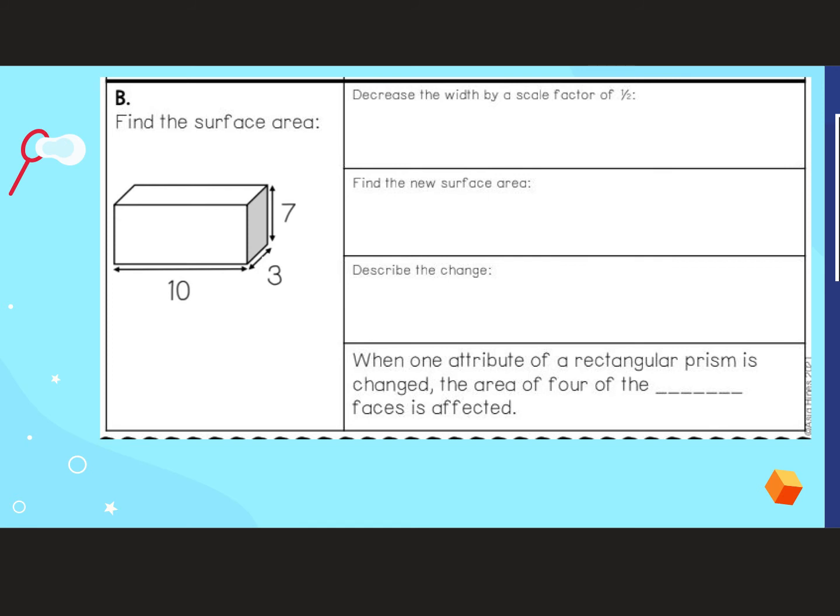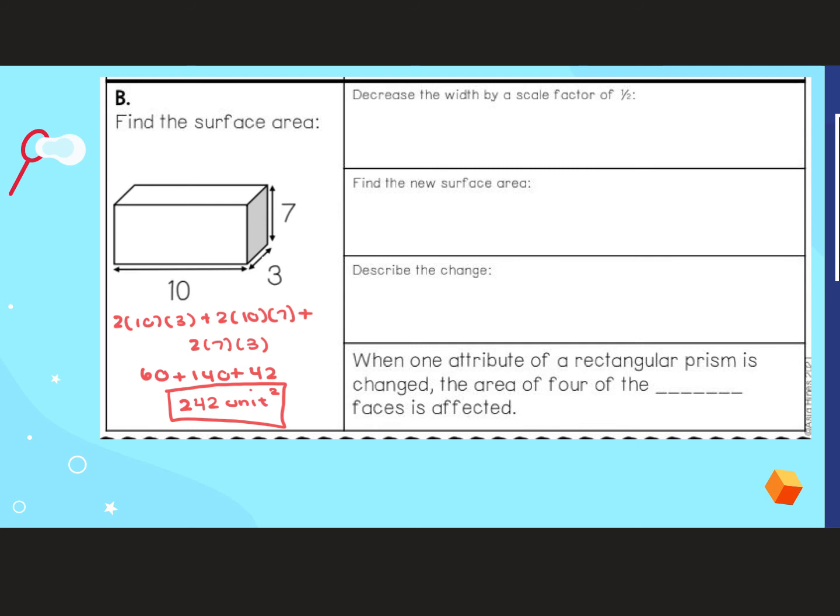So we have 2 times 10 times 3 plus 2 times 10 times 7 plus 2 times 7 times 3. So we have 60 plus 140 plus 42, which gives us a total of 242 units squared. Remember, we're still talking about surface area, so it is units squared.